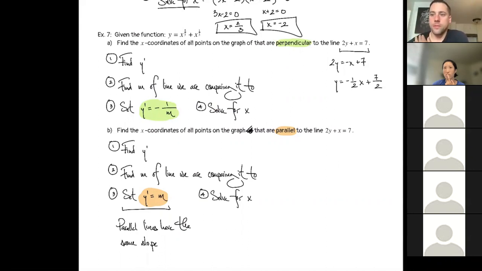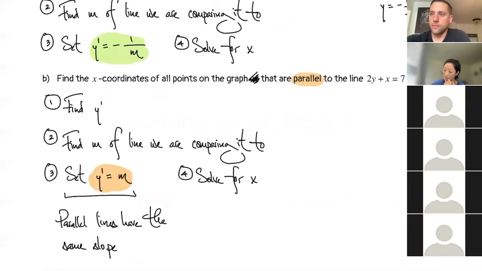You could say you're finding x coordinates of all points on the graph that are parallel to the x-axis. Ah, parallel to the x-axis. I like that. I like that.